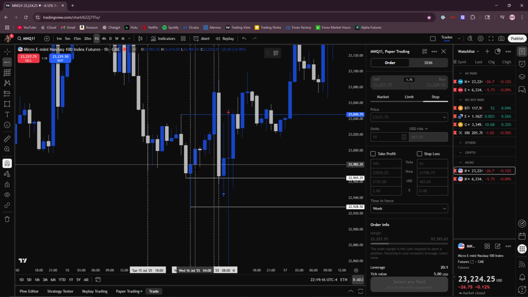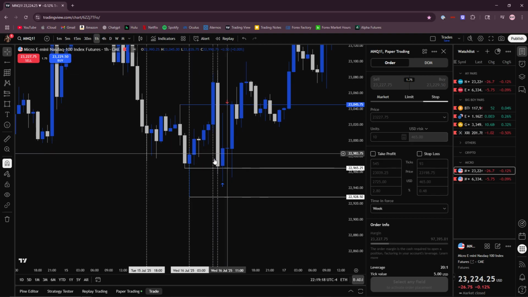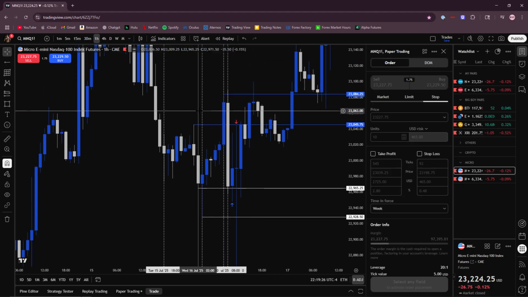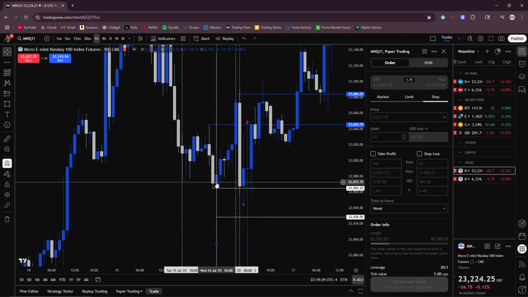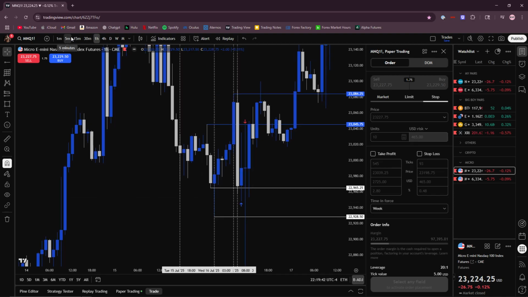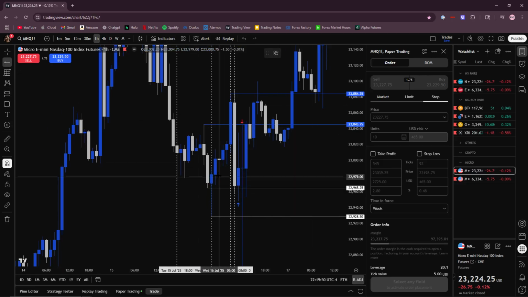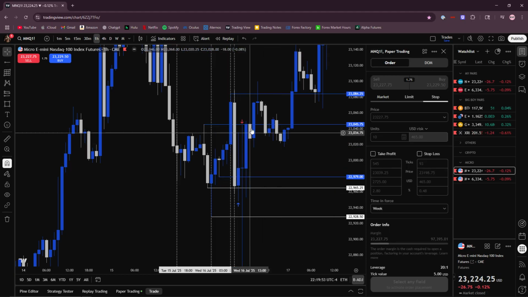Dude, this to me looks like we should have aimed for shorts. Was my bias just wrong? Because I'm pretty positive this is Asian session lows, but this also could be Asian session lows because it's right on the border. And then it pushes higher. No, this was definitely longs today.